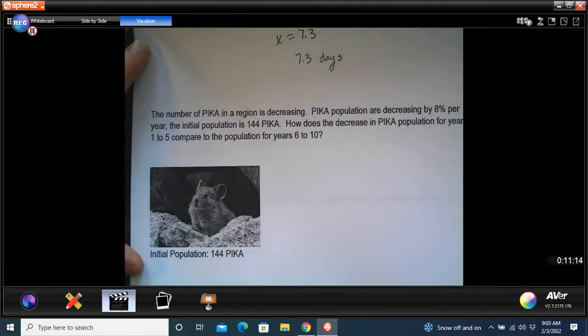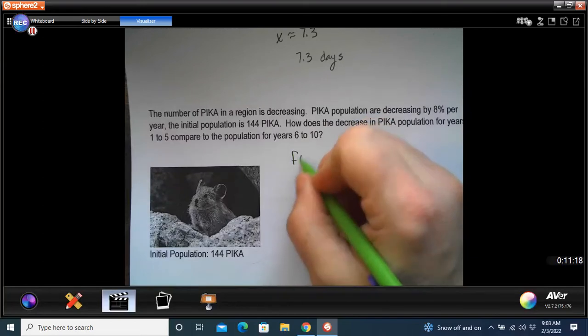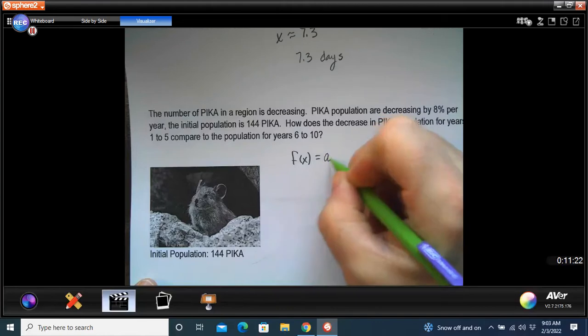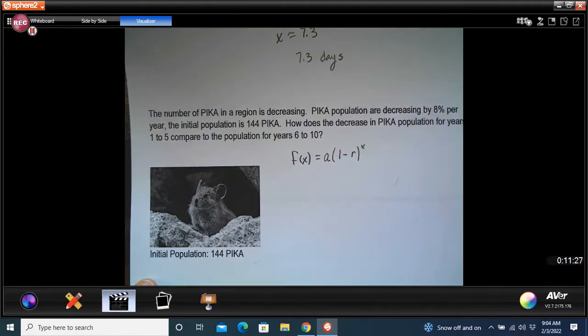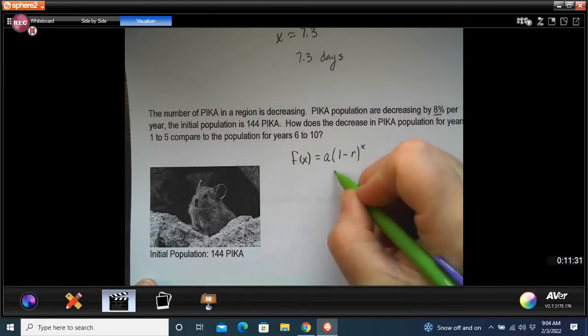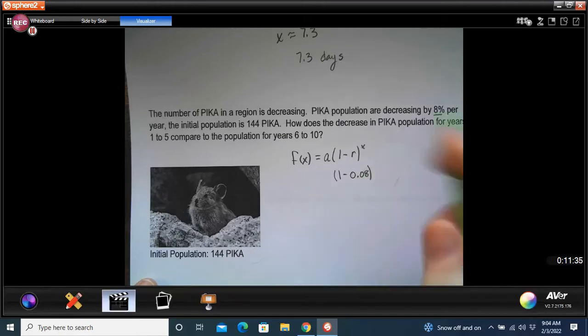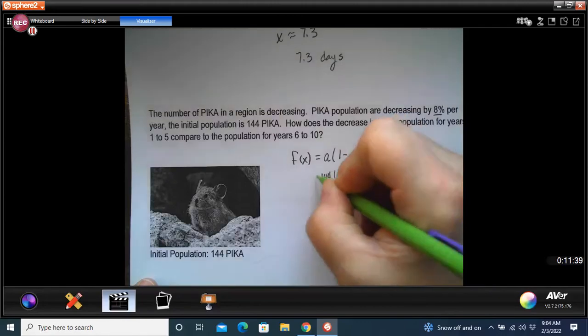So what we want is to write our exponential decay function, a times 1 minus r to the x. The r is 8%. The initial population is 144.